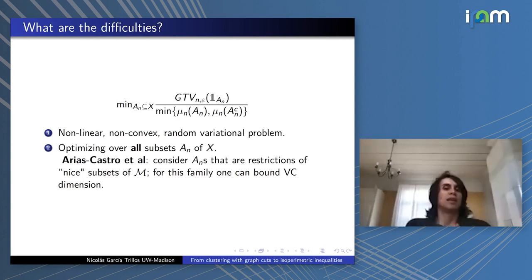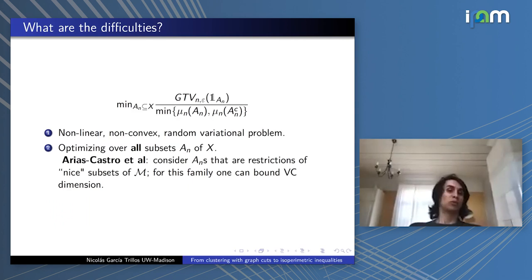Imagine for a moment that you have knowledge of what the manifold is, and a collection of nice subsets. By nice, I perhaps mean sets with a regular enough boundary. Then I consider my allowed discrete subsets to be restrictions of those nice subsets on the manifold, but now to the data set.